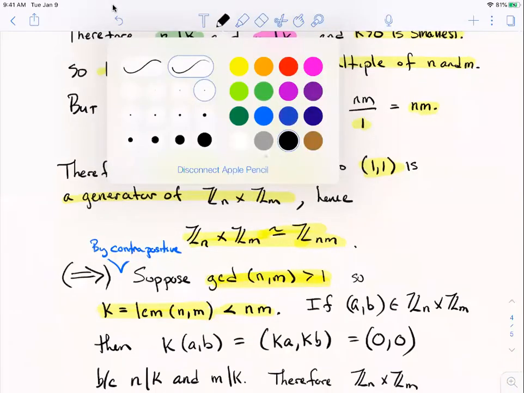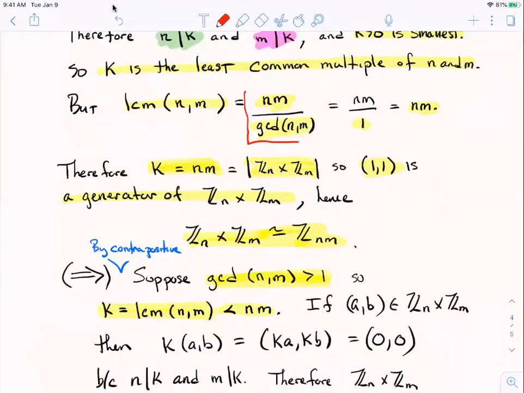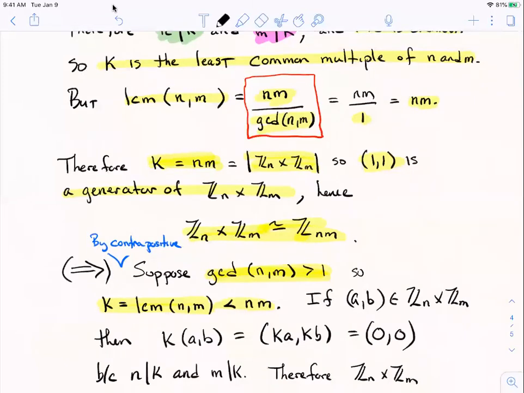Look at this fraction when I say that one more time. If the denominator of that fraction is bigger than 1, then the ratio is less than the numerator, right? Good. Okay. So if you take any element, this is going to be kind of similar to what we did up above.